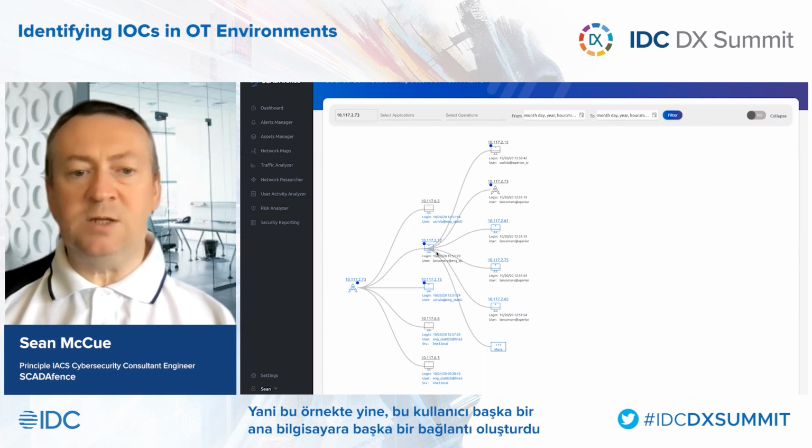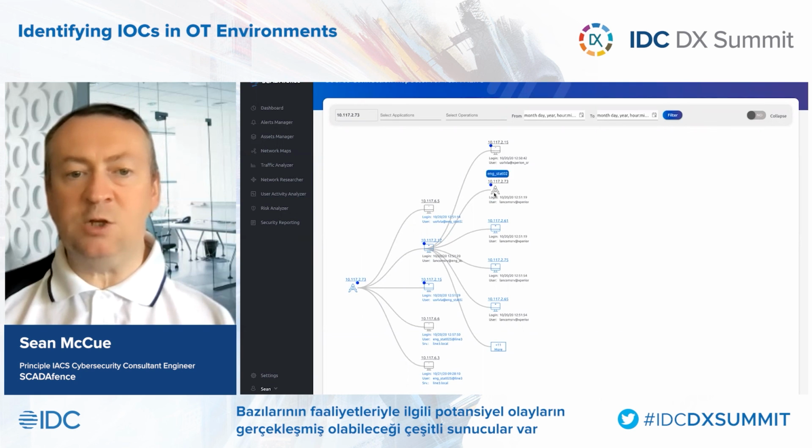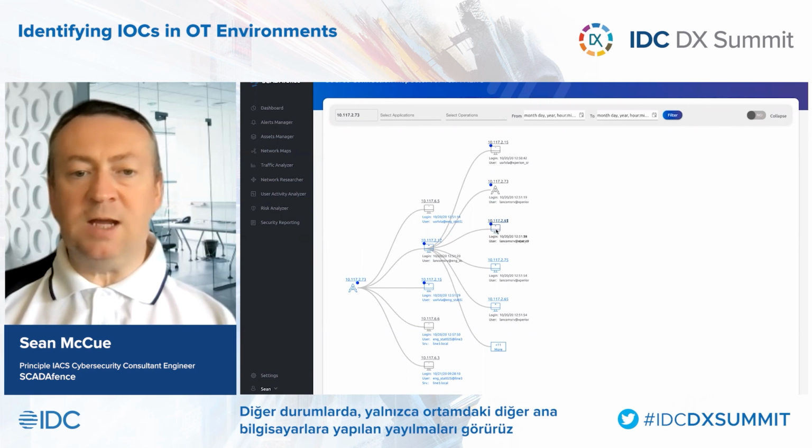So in this particular instance, again, this user has spawned another connection to another host further along. In this case, we've got various hosts, some of which have potential events around their activity. In other cases, we're just seeing expansion to other hosts within the environment.